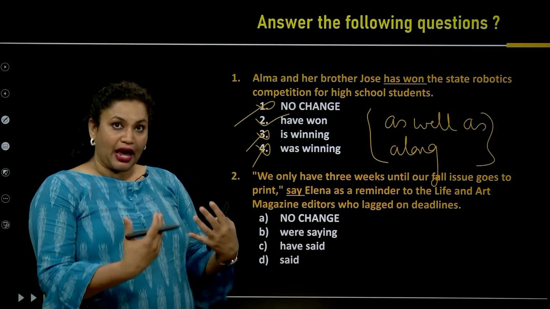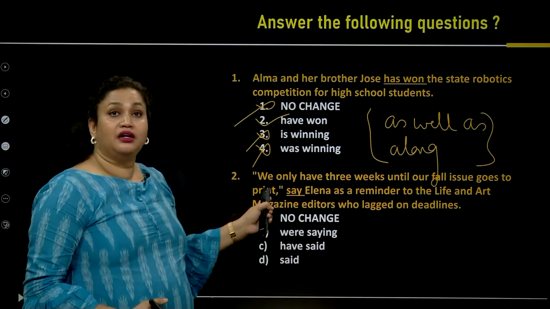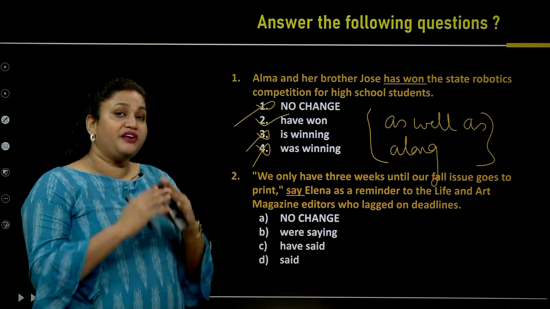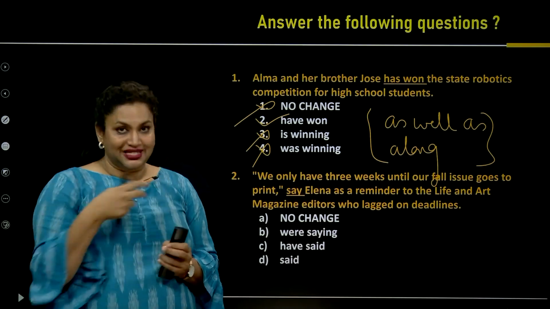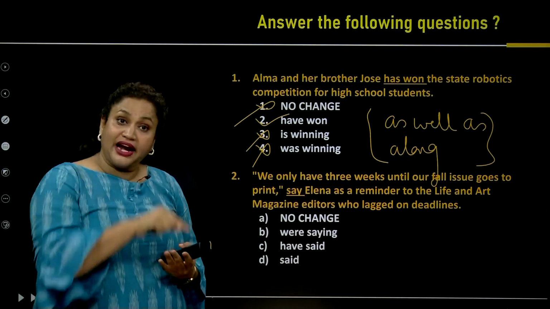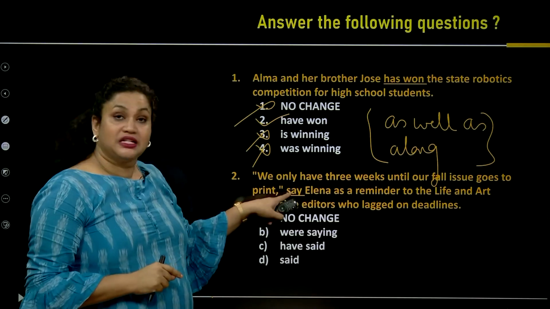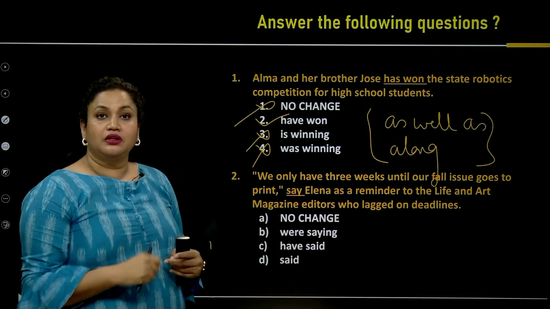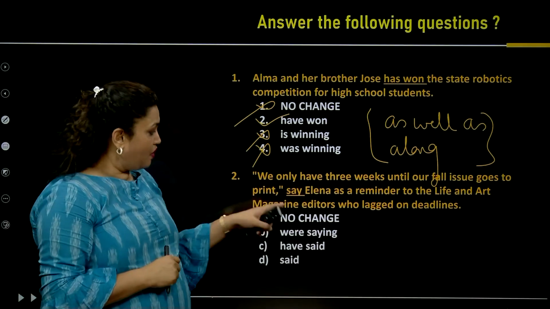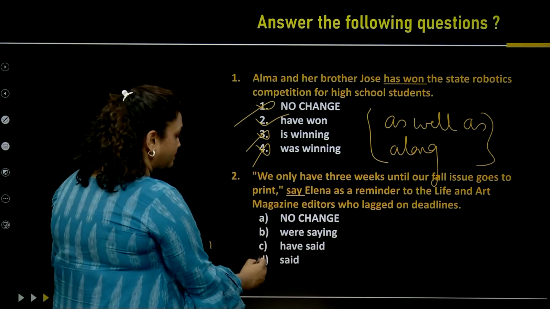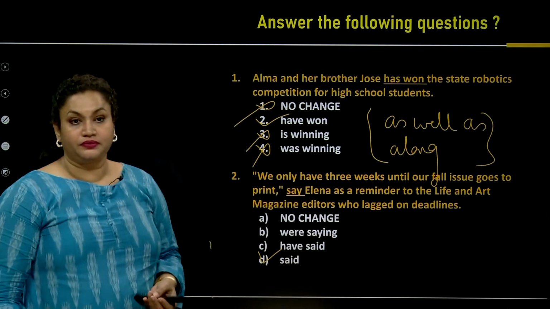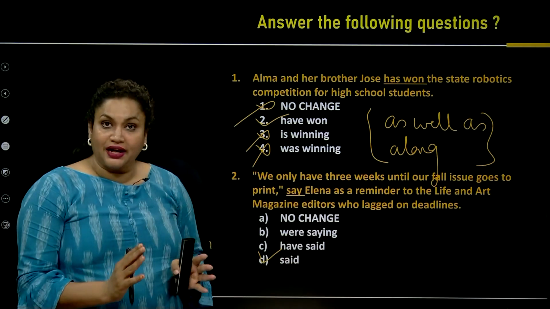So somebody was talking, this is in direct speech. Whenever it is in direct speech and you have someone who had said that, at that point of time this say will take a past tense. Therefore, the only answer that is right here is D. I hope it is clear.